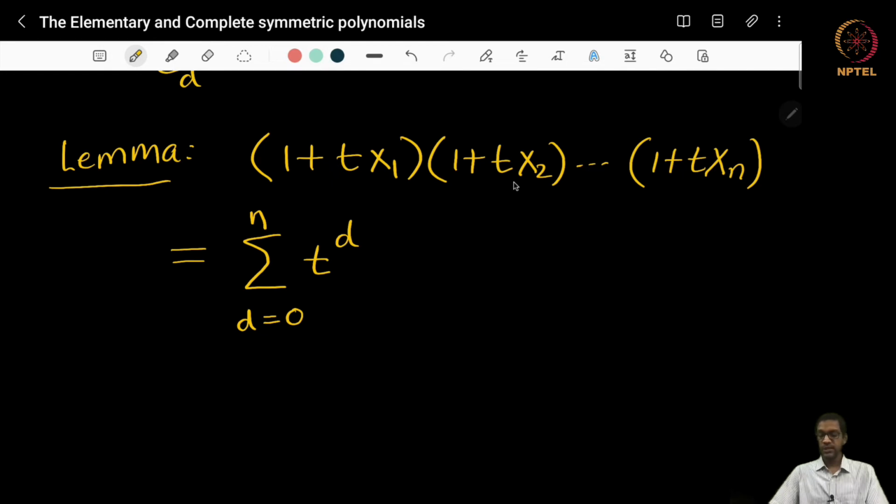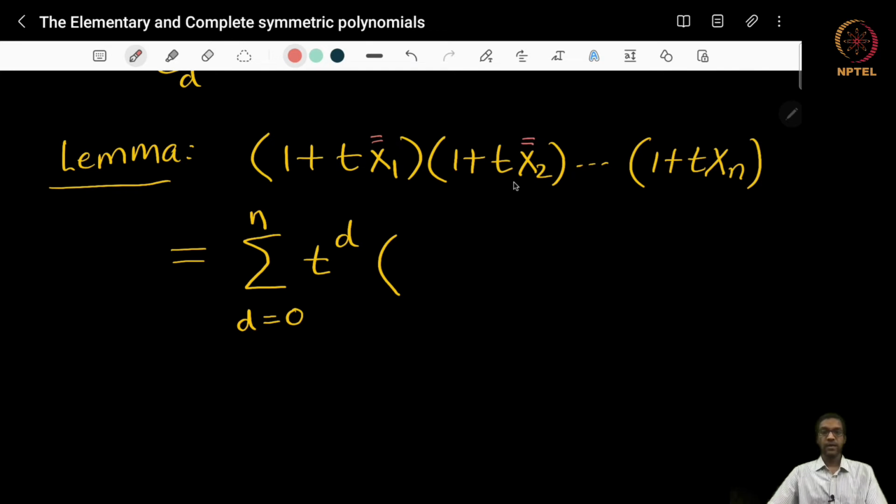Now let's see, if d is some number between 0 and n, what is the coefficient of t to the power d here? How do I get a t to the power d term in this product? How will I get a t squared term, for example? I will get it by picking t from one of the brackets and t from one of the other brackets.